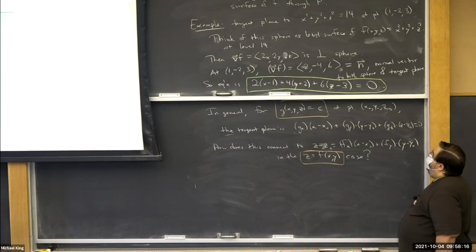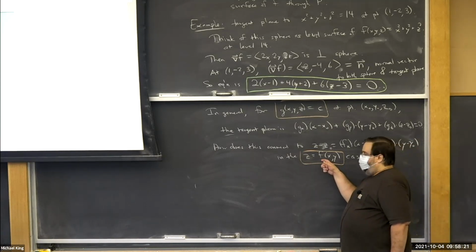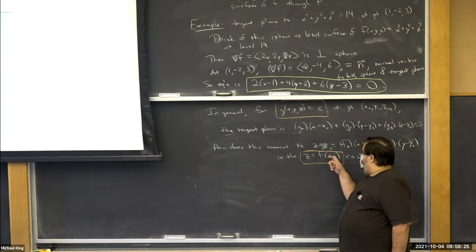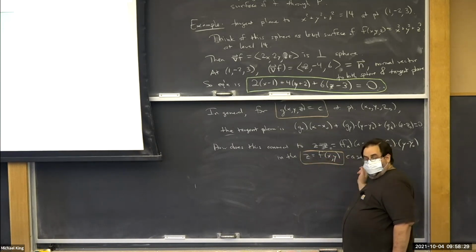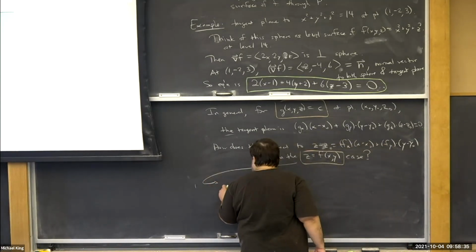Well, we could rewrite any surface as a function of 3 variables. I could subtract the z over to the other side. So let's do that, and maybe I'll write an example next to it.